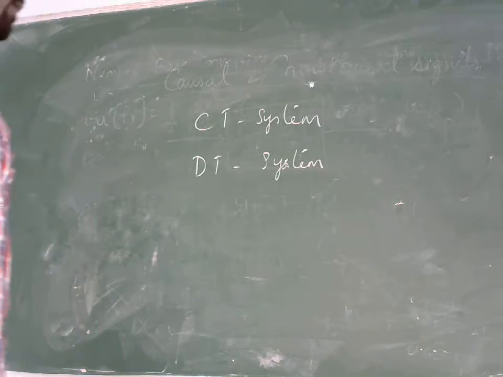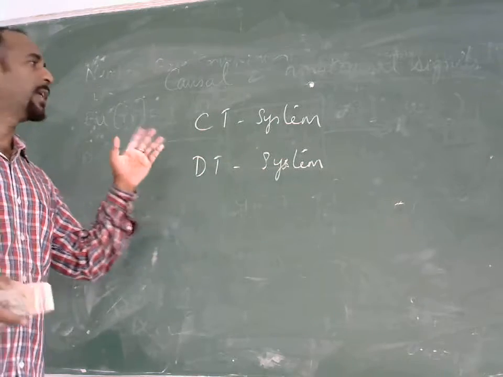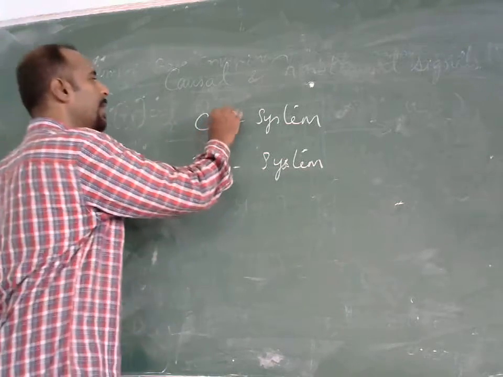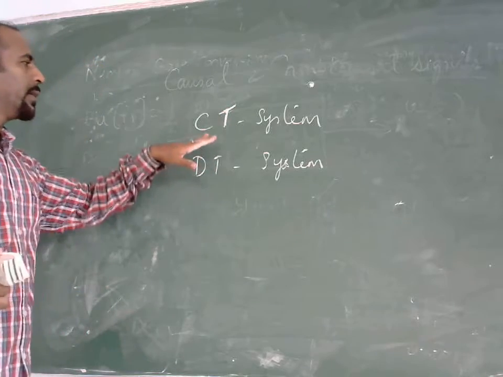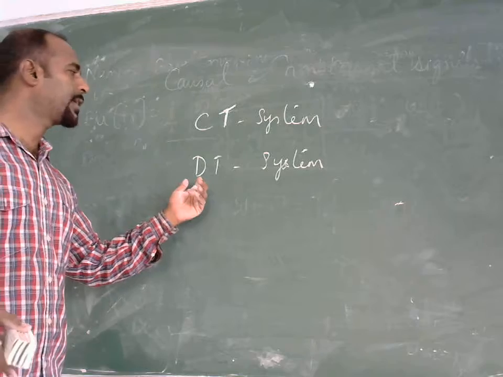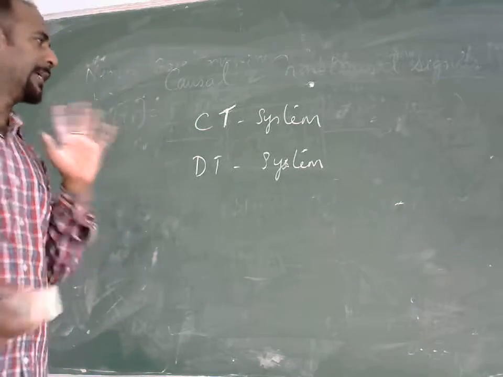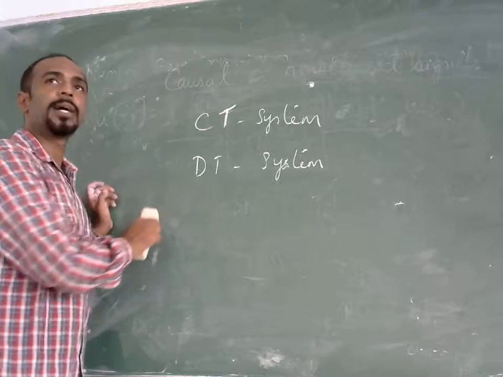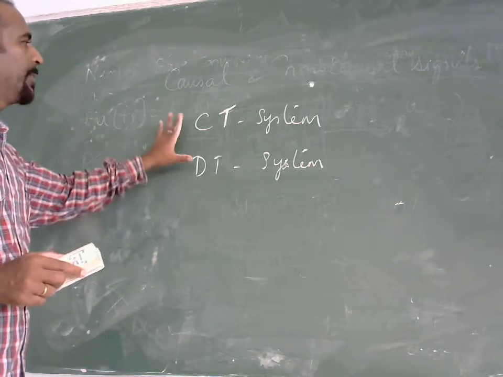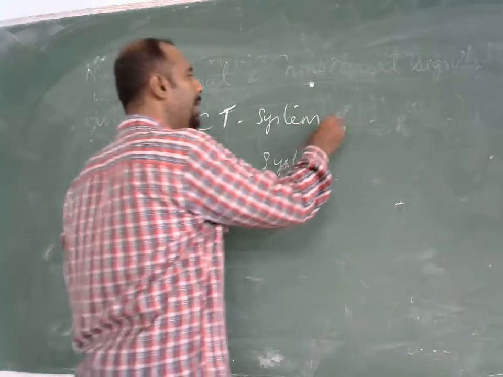It deals with the continuous time variable and it exists for all values of t. That means even for fraction values it will exist. When you say discrete time system, it exists for only integer values of t. So that is the first classification of the system: continuous time system and discrete time system.